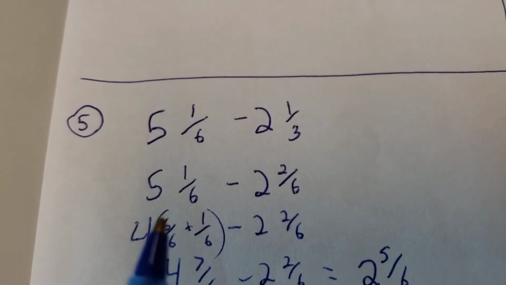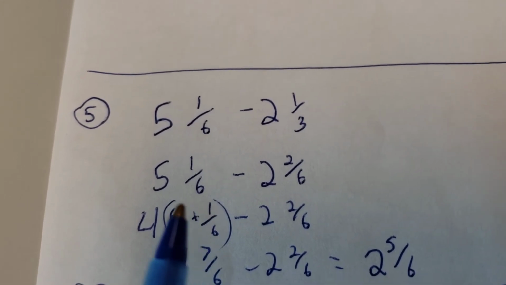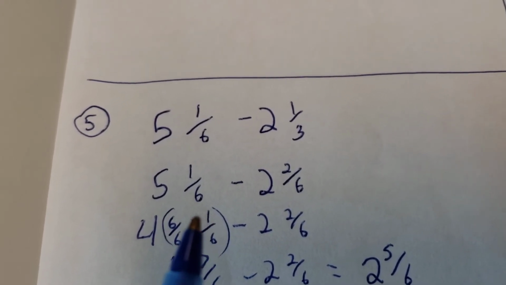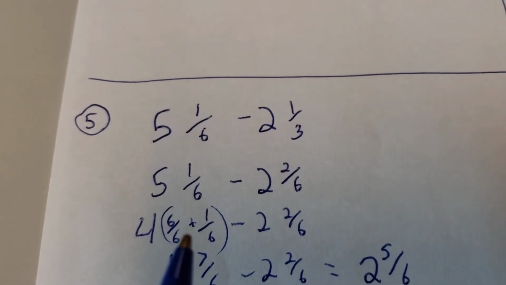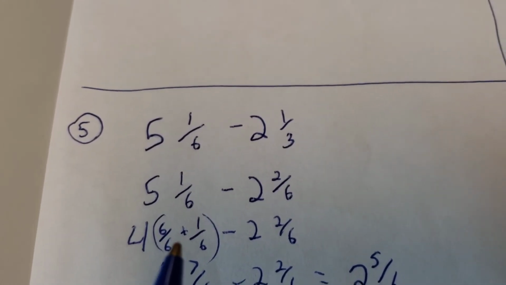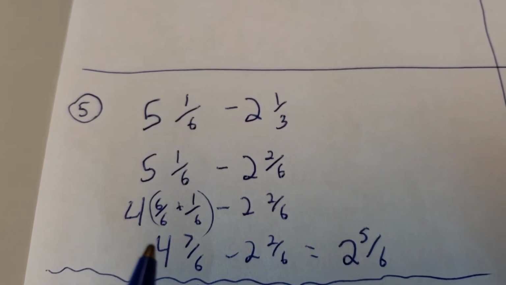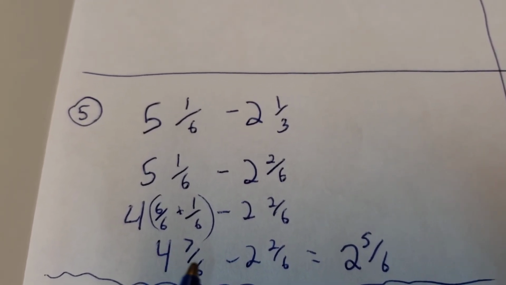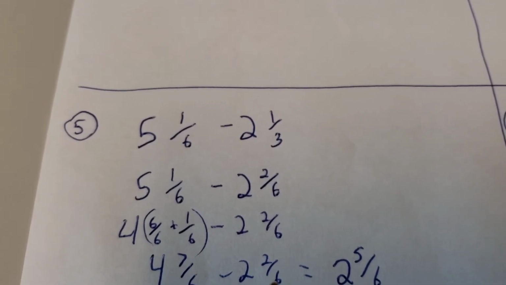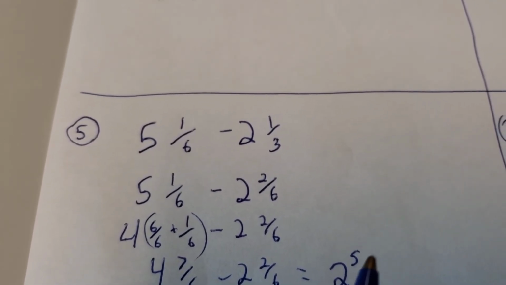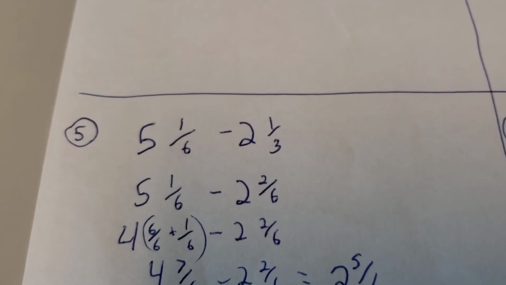Then I have to add it to that fraction that was too little. So now this becomes a weird-looking mixed number, a whole number with an improper fraction, but it's just for temporary use. So I get 4 and 7/6. Then I can take away 2 and 2/6 because the fractions will subtract now. 7/6 minus 2/6 gives me 5/6. 4 minus 2 gives me 2.